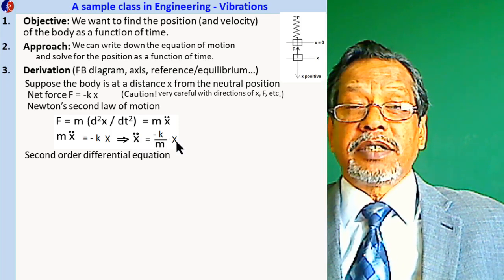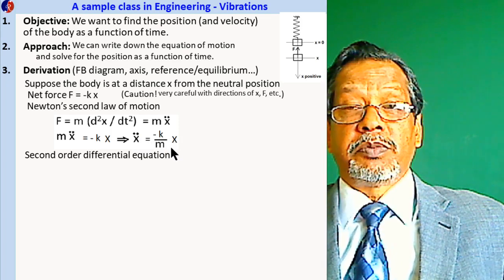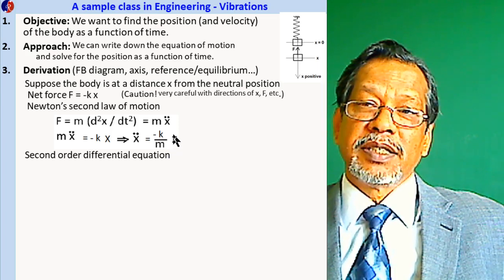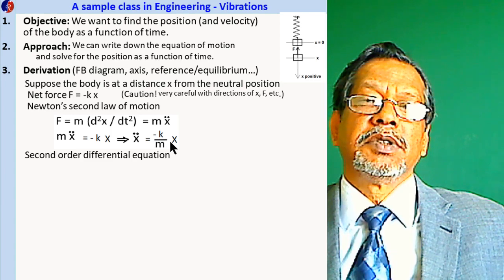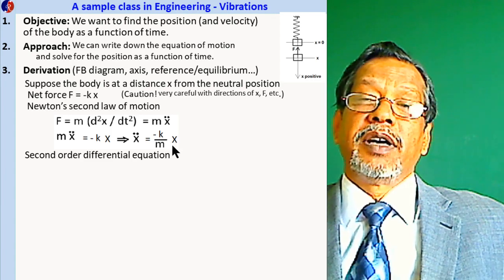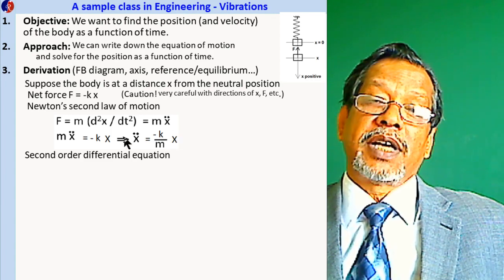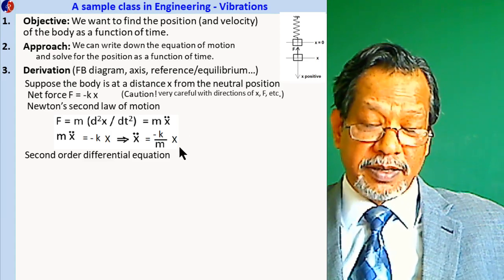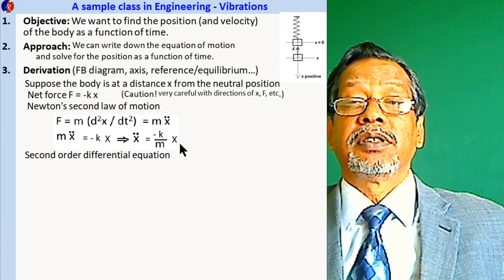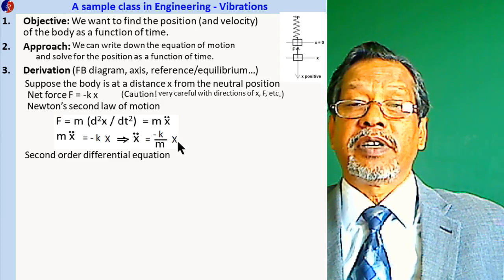And x itself, the displacement. What we want to find is x as a function of time. Okay, what function x would satisfy this equation? That's what we want to find. So, can you guess what function x would satisfy this equation?